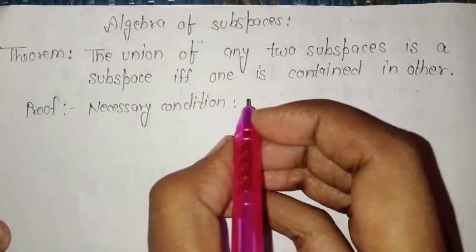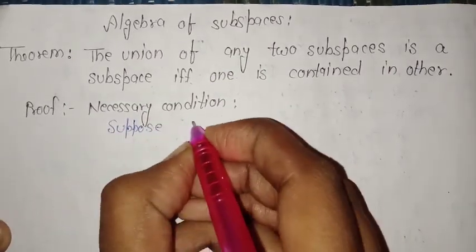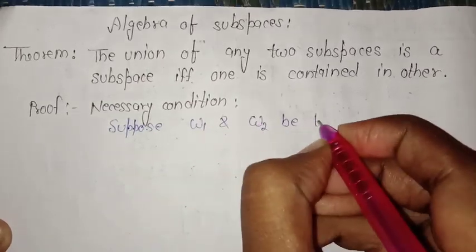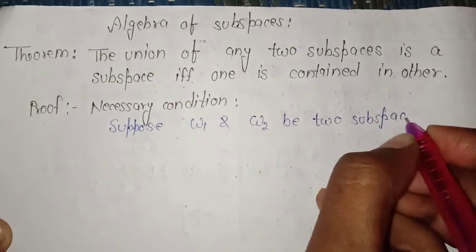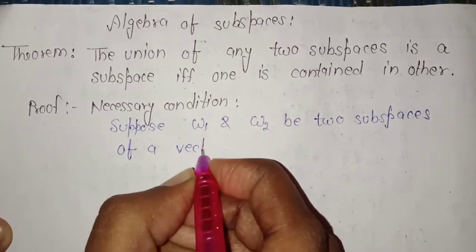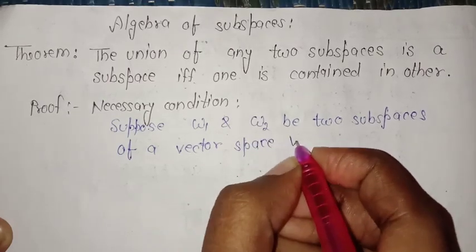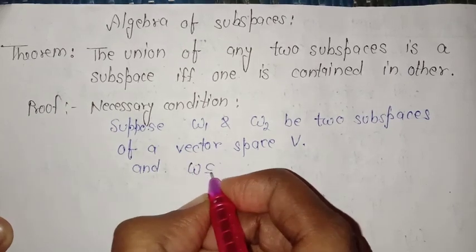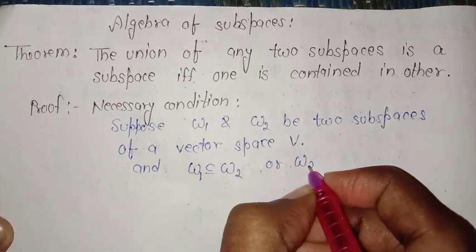So in the necessary part, suppose W1 and W2 are two subspaces of a vector space V, and either W1 is contained in W2 or W2 is contained in W1.